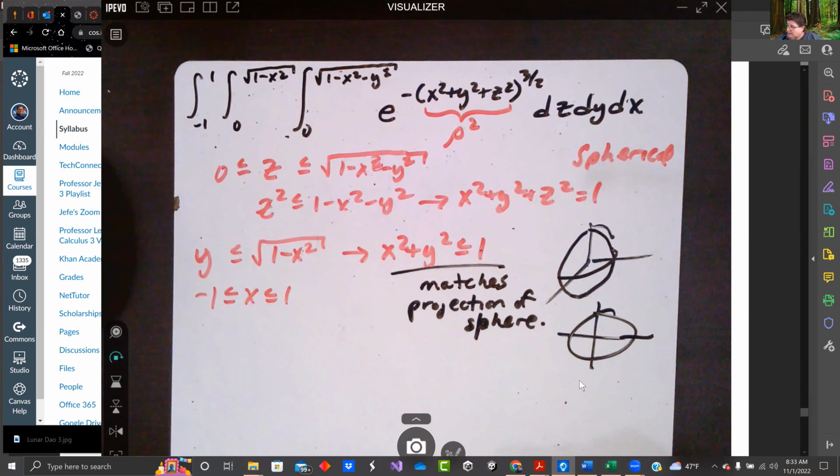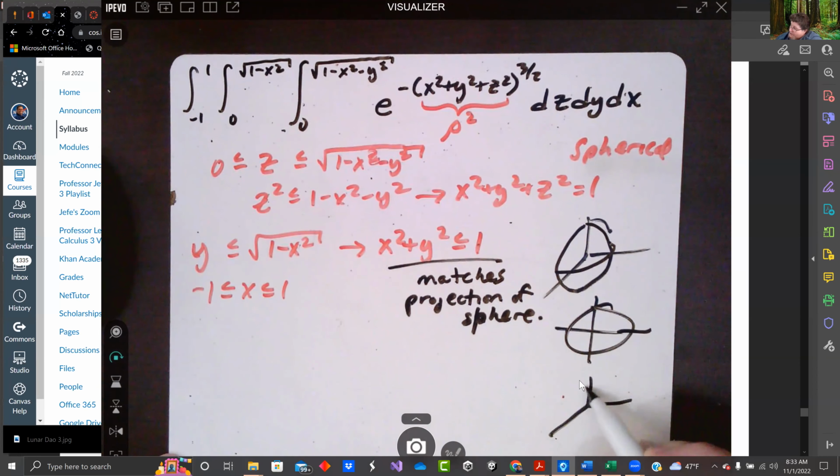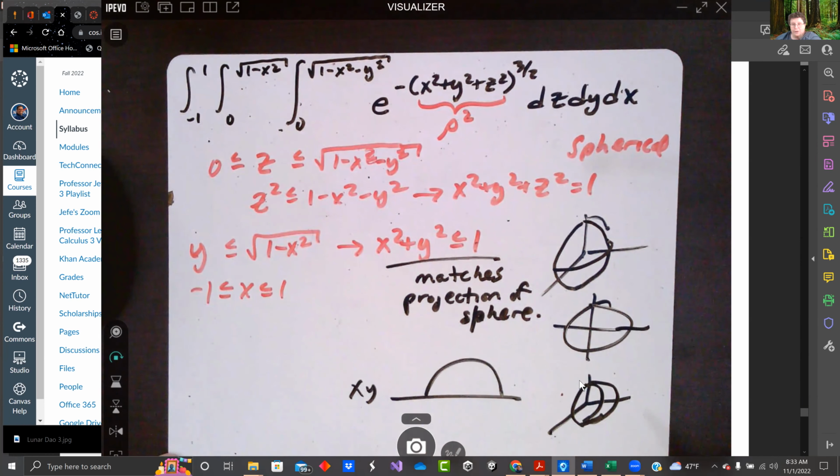So what we really have is the full range on X, but we don't have the full range on Y. What we have is the hemisphere that projects from the XY plane. If this is the XY plane, we've only got half the circle.